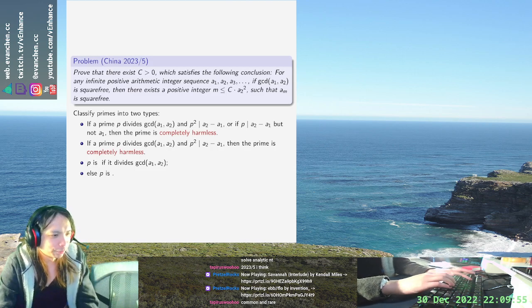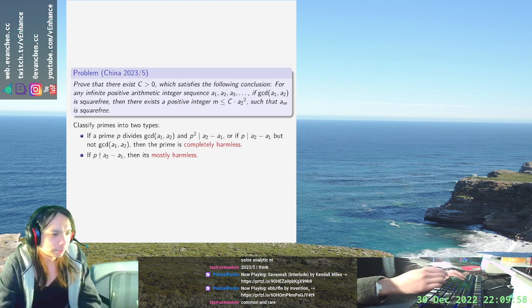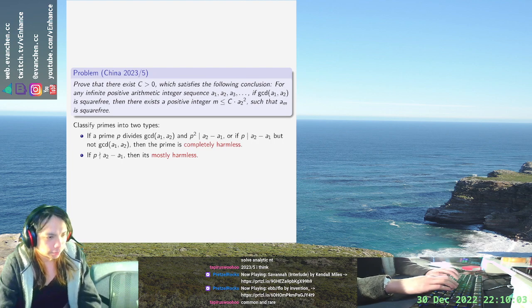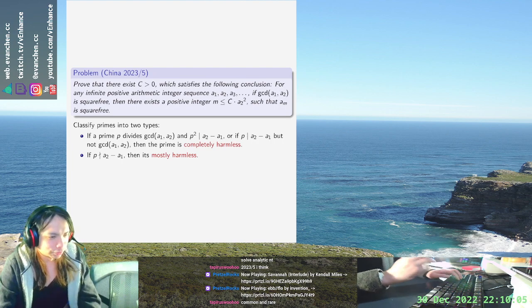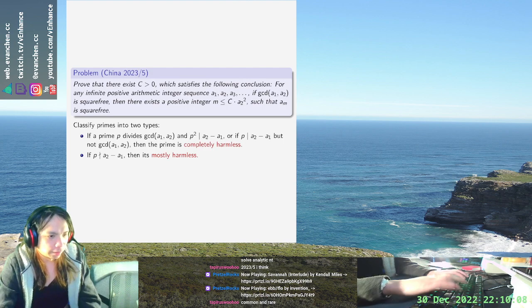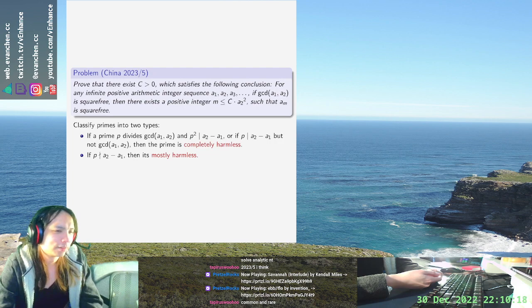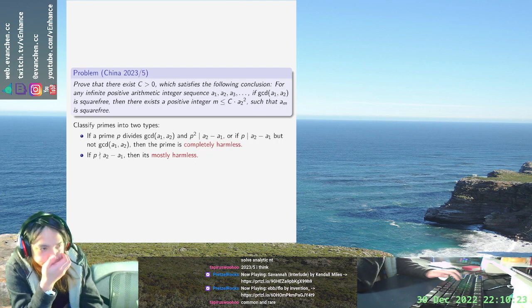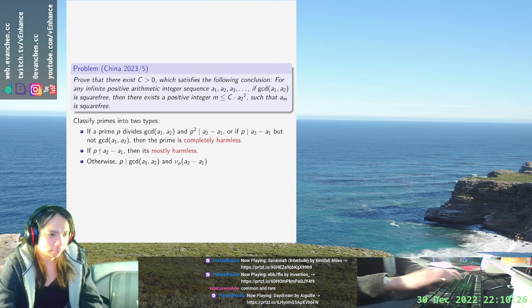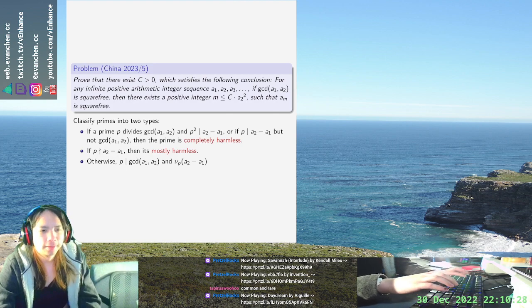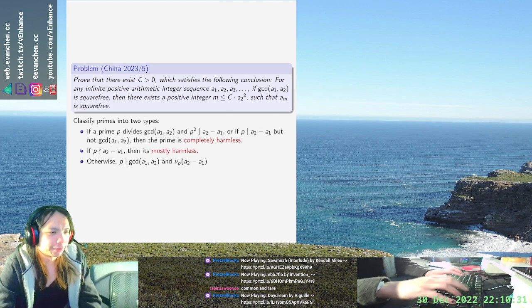And otherwise, you have primes for which P divides GCD(A1, A2), which is square free, and VP of A2 minus A1. Can I just assume that this is sorted increasing? It doesn't matter. Okay, we call these primes scary.